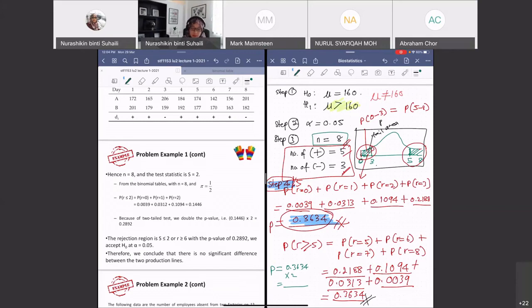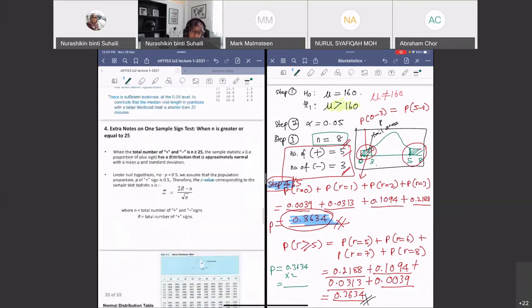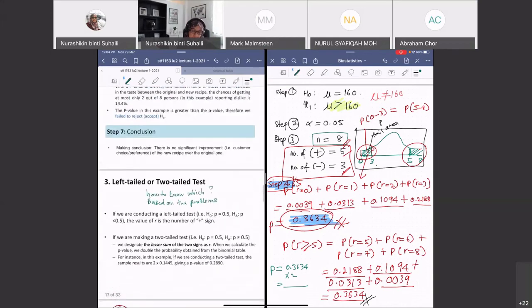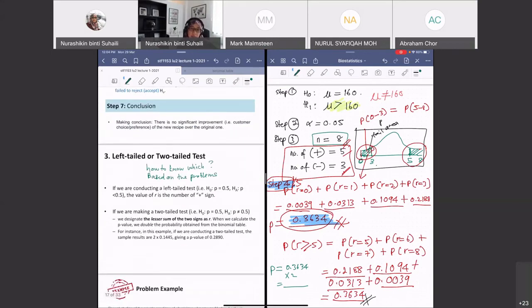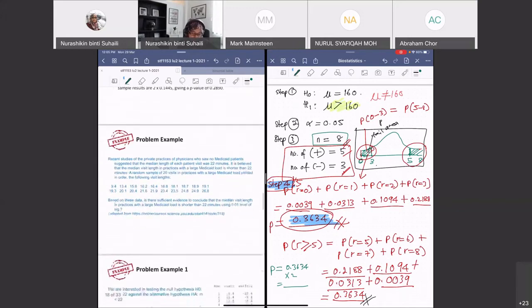That's the only difference between one tail and two tail test. The rest is actually the same. And how do we know? As I said, based on the problems. So that explains this subtopic. It's not much, just to emphasize one tail or two tail.